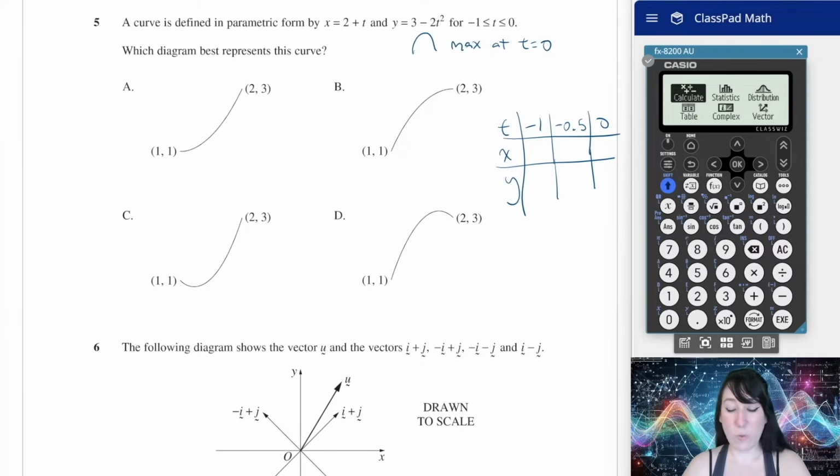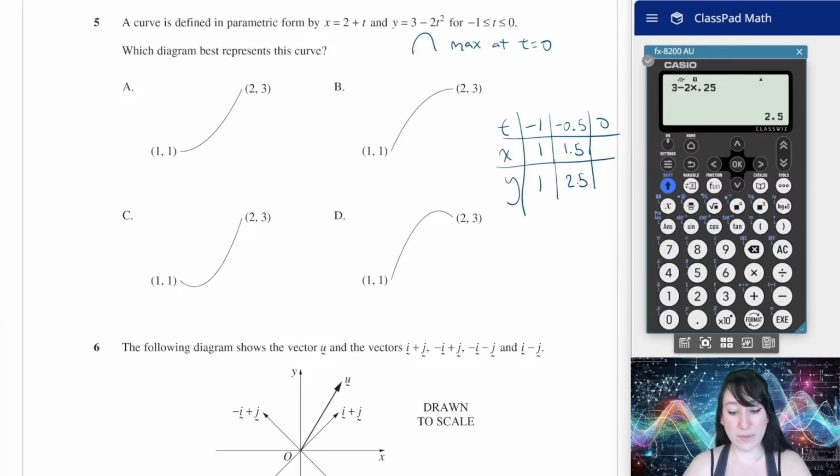When t is -1, x would be 1 and y would be 1, as we know. At -0.5, x would be 1.5 and y would be 2.5.